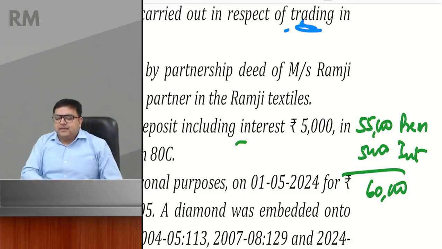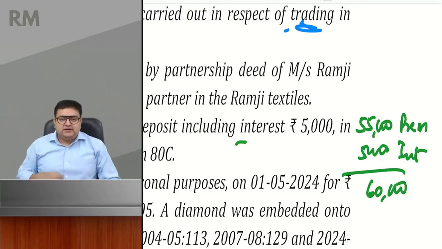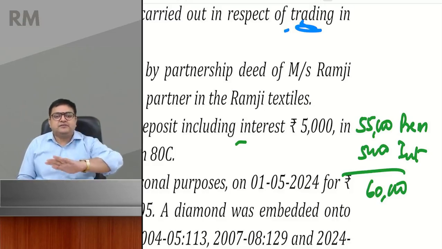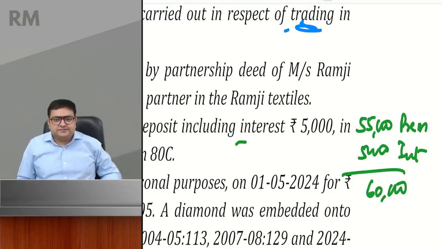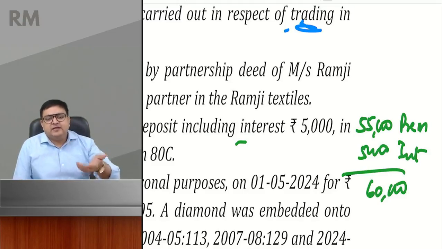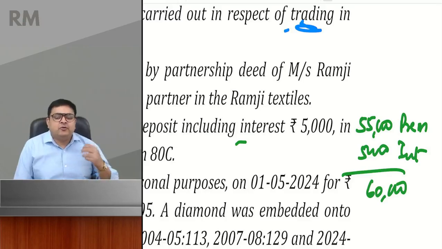Now, in 80C, it is mentioned that if you deposit in a 5 years FD, or in a 5 years post office scheme with a lock-in period of 5 years, we will give you 80C deduction. But if you break this FD or this post office deposit before the lock-in period, what should we do?